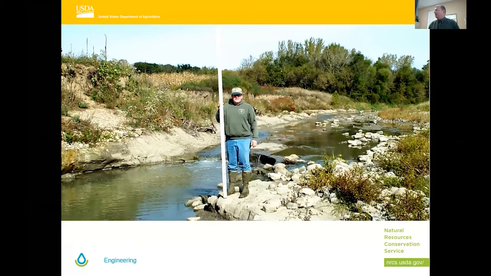Or maybe we'd see some sort of nick point in a section of stream where the head cut is going upstream in the channel, and as this channel struggles to get itself at a more stable grade, it's eventually going to affect the banks along the way too as the channel bed gets deeper. So some stream bank issues actually start out being stream bed issues.